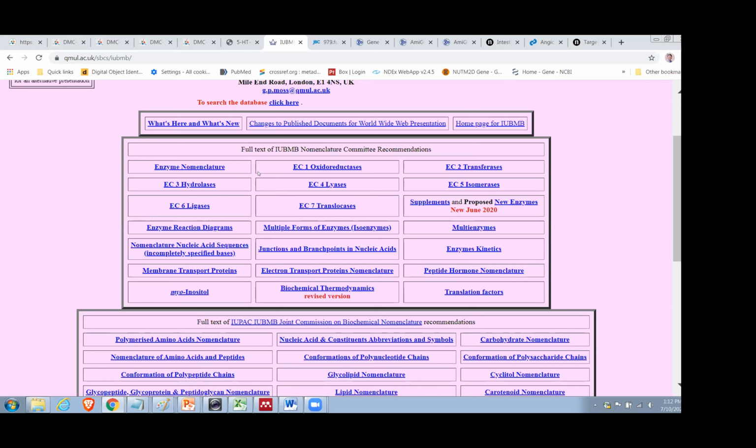Now, again, there have been some modifications because a lot of other enzymes have been discovered since then that don't fit into these categories. So we've had to modify them somewhat.